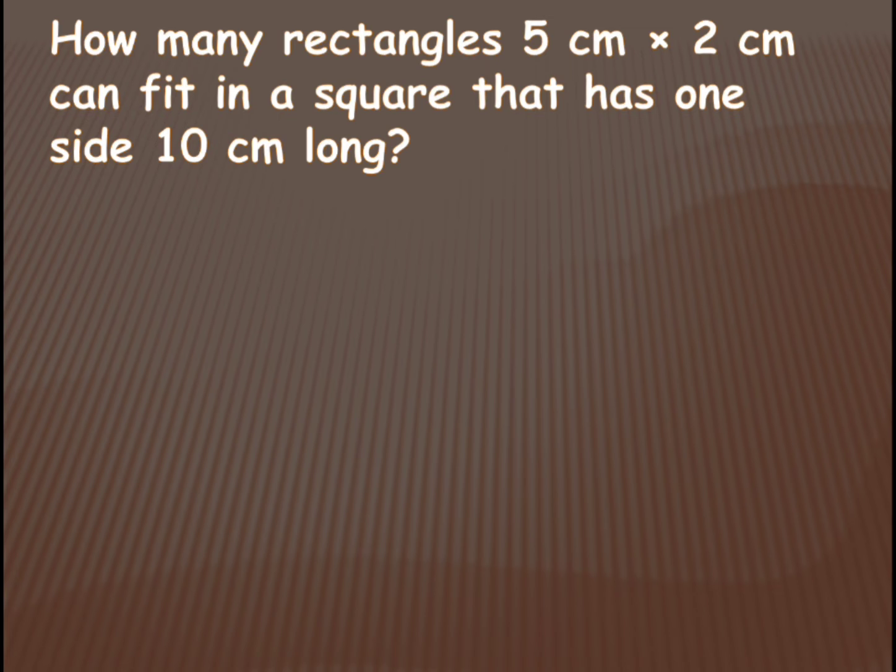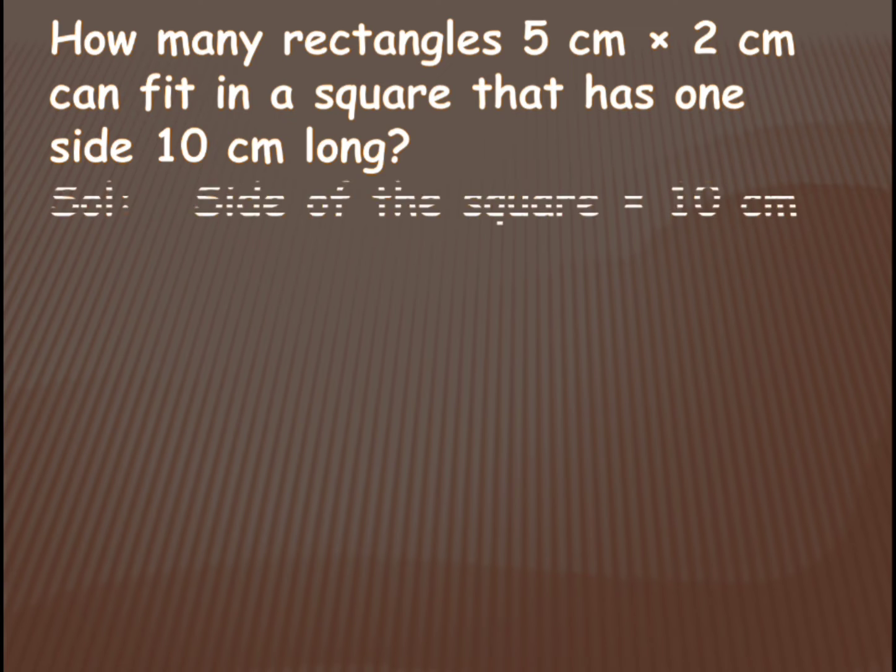The side of the square is 10 centimeters, from that you can find the area of the square. And the sides of the rectangles are 5 centimeters and 2 centimeters, with that you can find the area of the rectangle. Then with those areas, you need to calculate how many rectangles you can place in the area of the square. Okay, it's a multi-step problem, children.